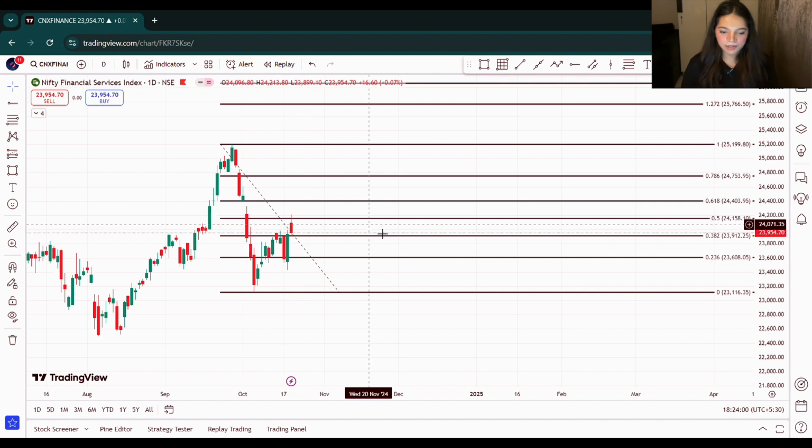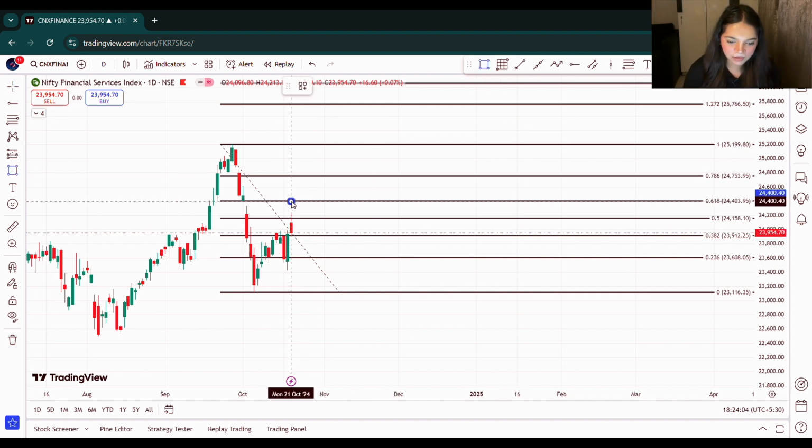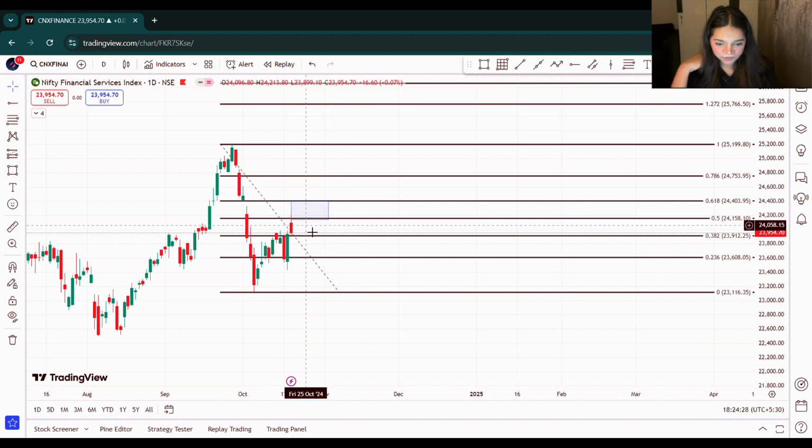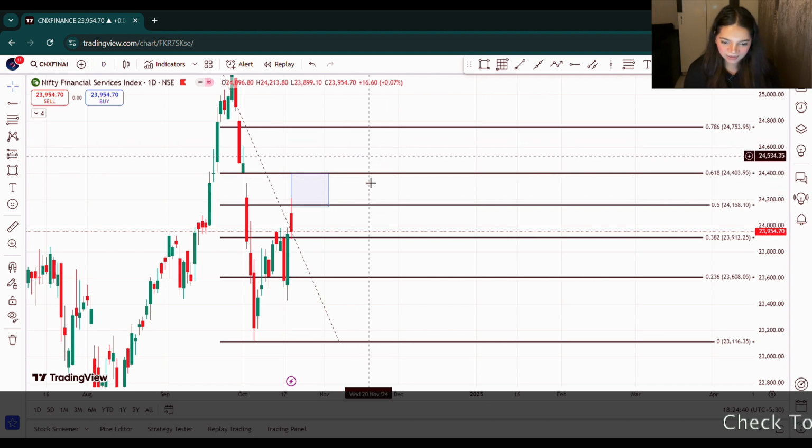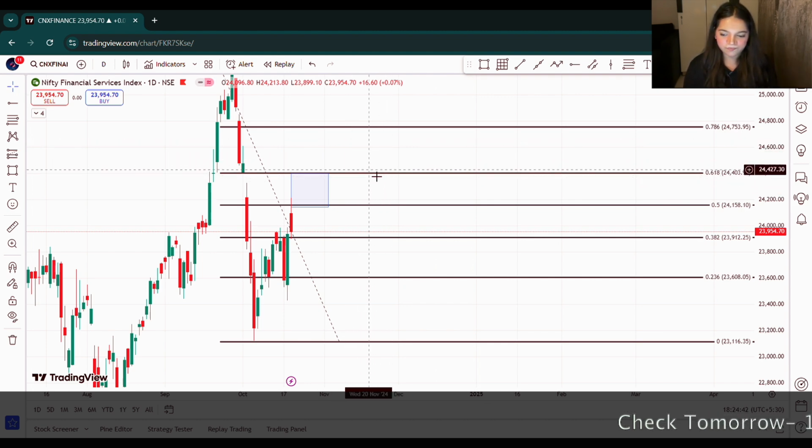So again here we have to see whether the Finnifty, I'll just give a rectangle over here. So we have to see tomorrow in Finnifty whether it crosses the 0.5. If tomorrow the candle crosses the 0.5 level, you can go till the target 0.6 easily.